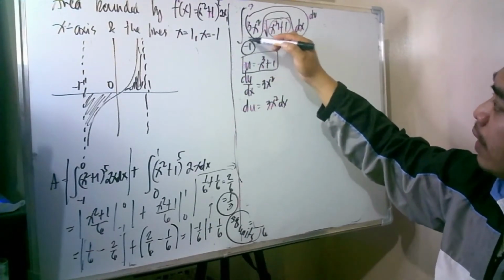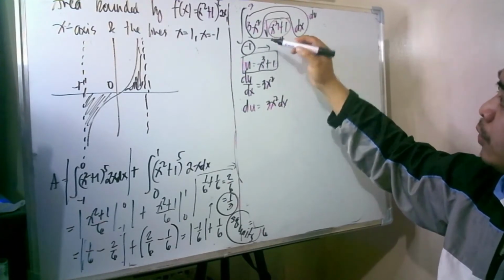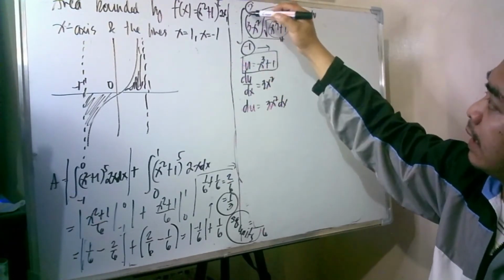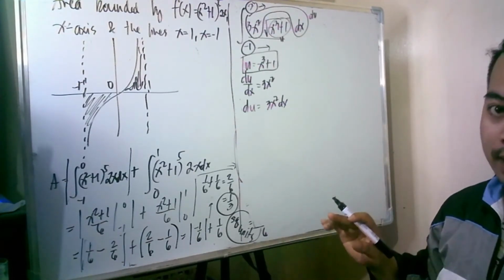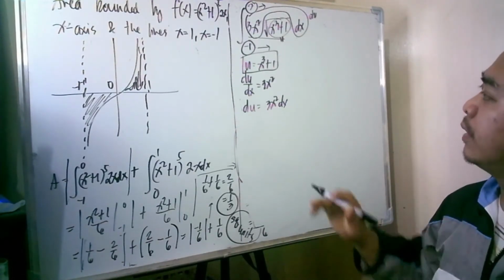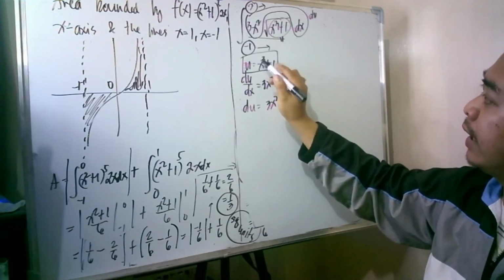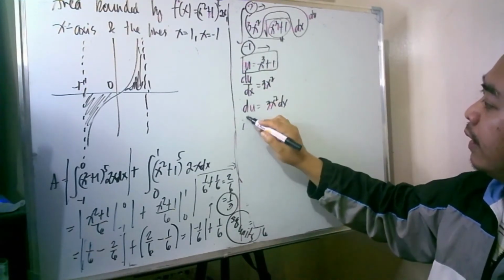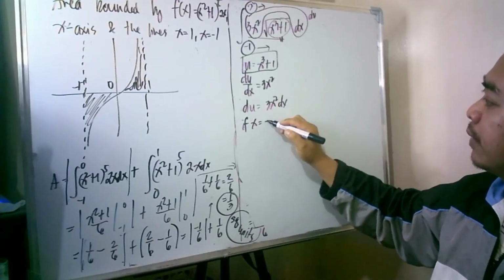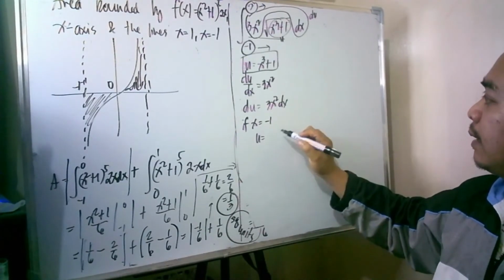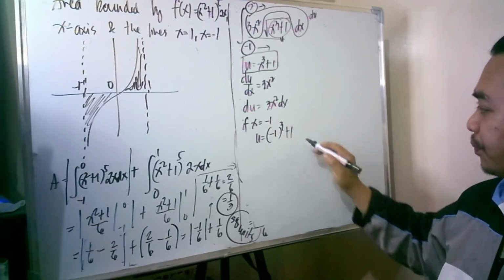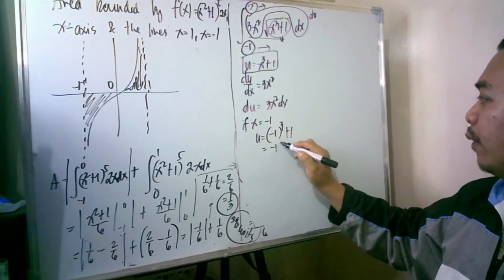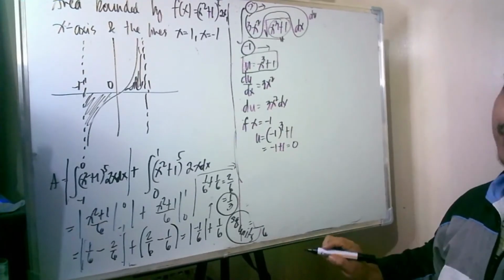Also, we may want to change this one, yung mga limits natin. Bakit? Because we are transforming from variable x to variable u, and we can do that by using the value of u here. So if x is equal to -1, u is equal to -1 cube plus 1 equals -1 plus 1 equal to 0.